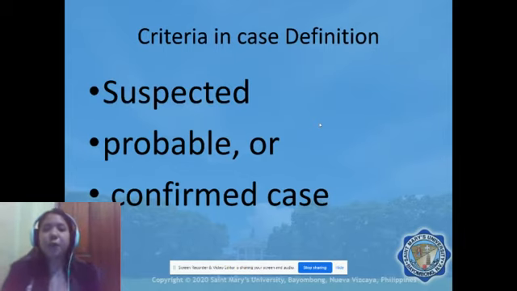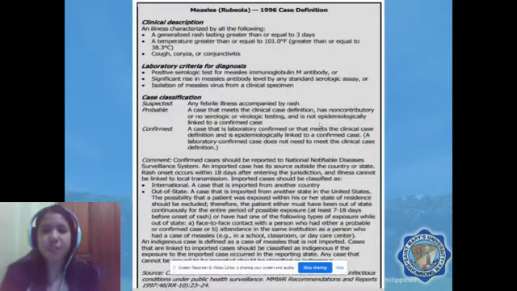For suspected or probable, it might be that they are experiencing the symptoms. However, they need to wait for the laboratory result that states that they are really positive for that disease. So that's the time that they become a confirmed case.